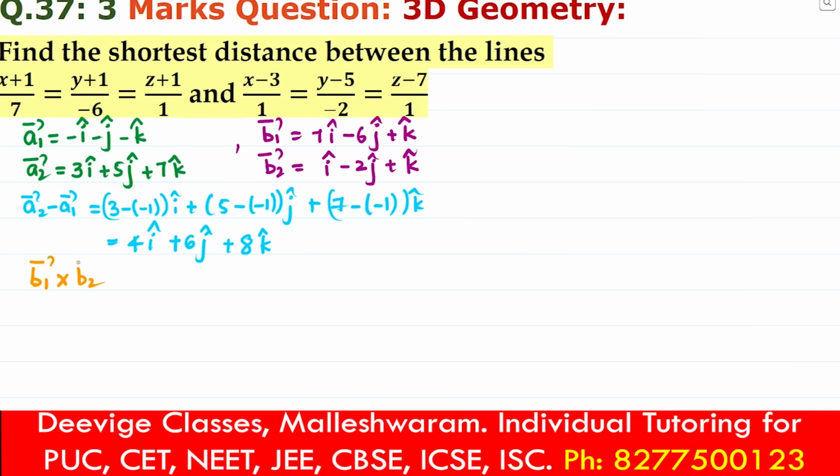B1 cross B2 will be equal to the determinant of i cap, j cap, k cap; B1 is 7, minus 6, 1, and B2 is 1, minus 2, 1.